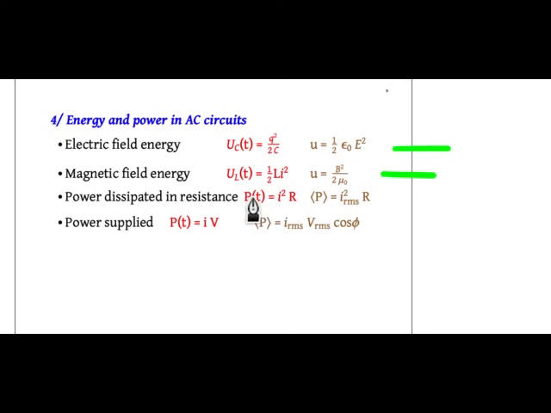So if you calculate the average power, the power integrated over one cycle divided by the time of one cycle gives me the average power during the cycle, will be the RMS value of the current squared times R. So we often are concerned not with the instantaneous power, but with the average power, averaged over a cycle in the alternating current.